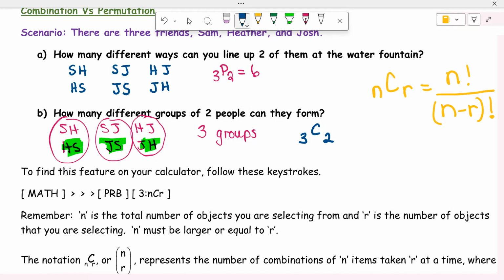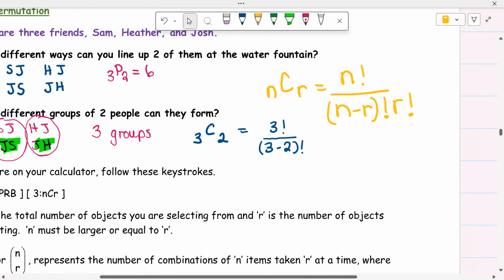That's all it is. So that's a combination. The formula would look like this. It's still 3 factorial over 3 minus 2 factorial. But remember, if I stopped there, that would get me the 6, which is how many arrangements of 2.